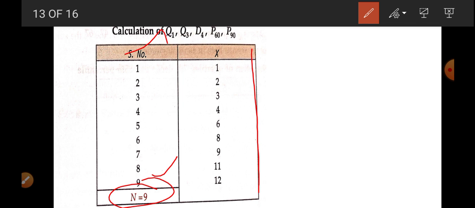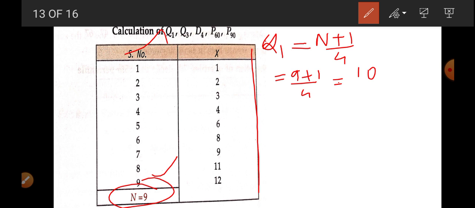Now we are going to calculate Q1. Quartile is divided into 4 parts, so that is why we are going to divide n plus 1 upon 4. So it will be 9 plus 1 upon 4, that is 10 upon 4. So when we divide, how much do we get?